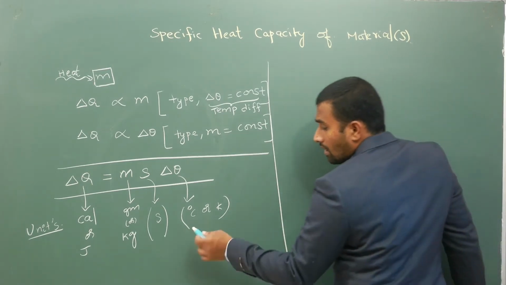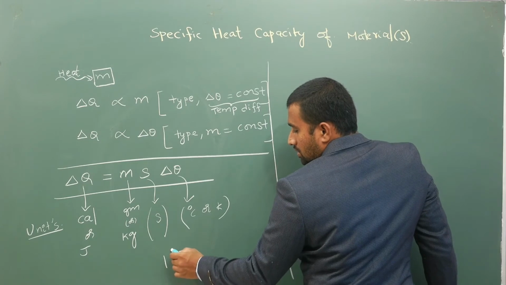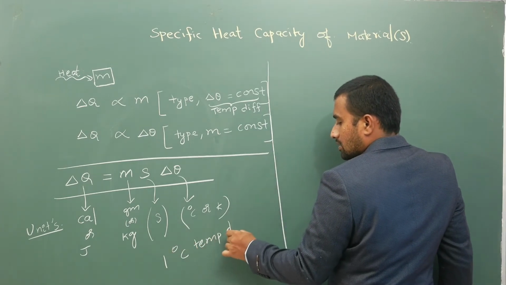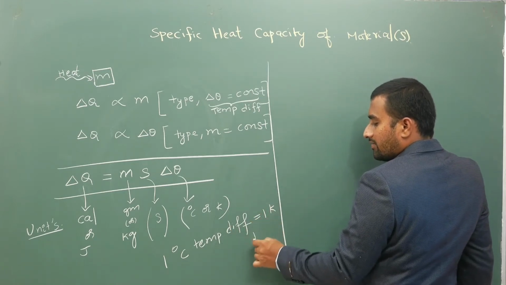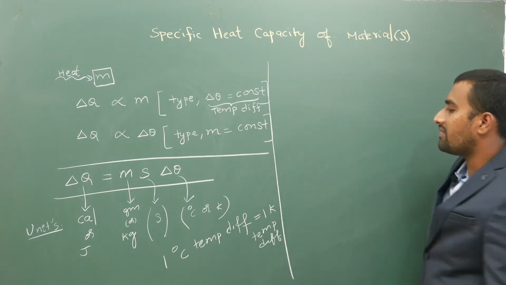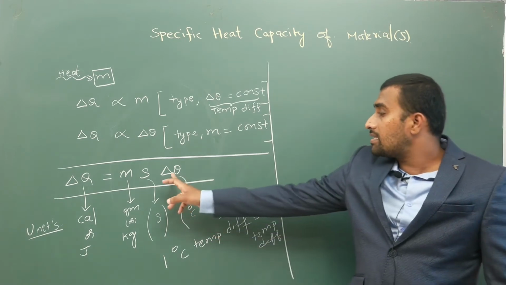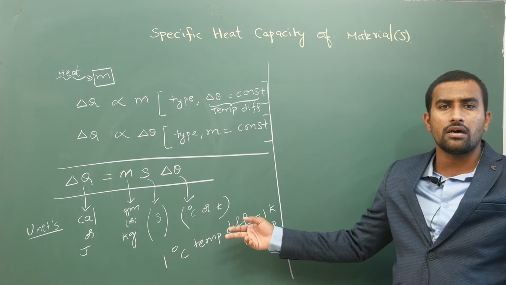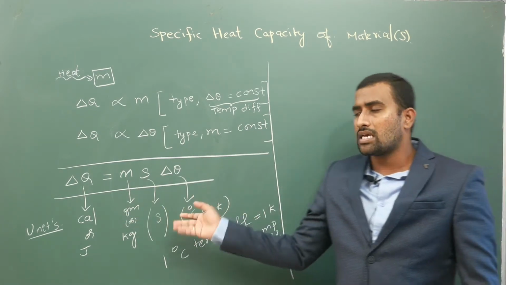One thing I want you to remember is that 1 degree centigrade temperature difference is the same as 1 Kelvin temperature difference. Your temperature difference is the same in both scales. So in this delta theta, it doesn't matter whether we keep degree centigrade or Kelvin, because both give the same results.